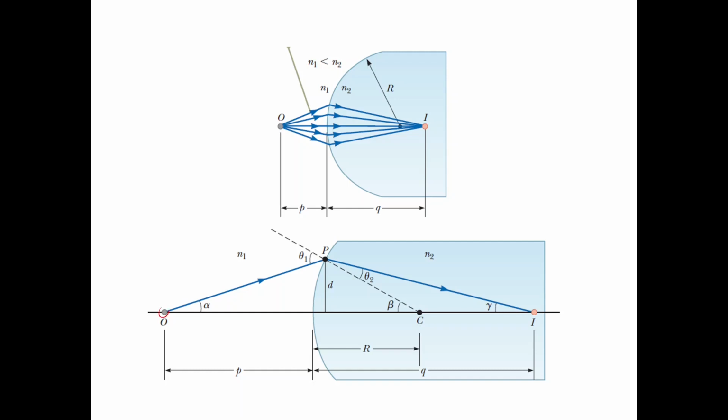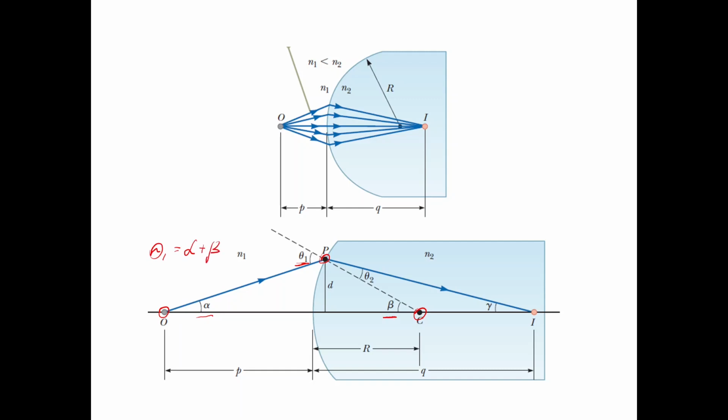The first triangle is the points O, P, and C. We have angle α and angle β. They are internal angles of this triangle. So this external adjacent angle, which is θ1, is equal to α plus β.